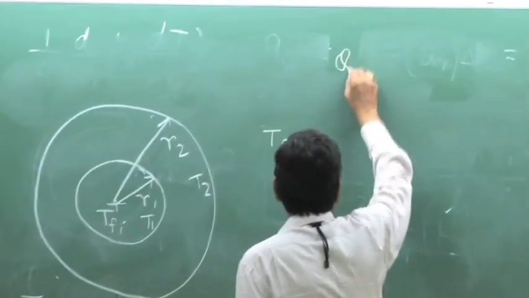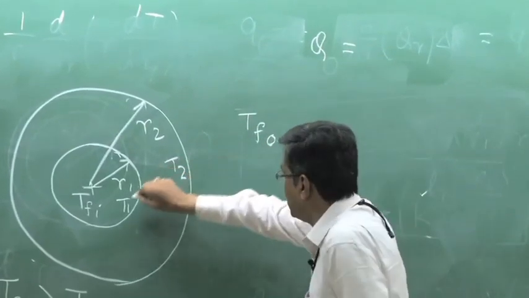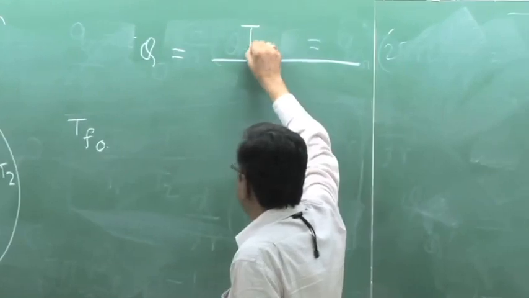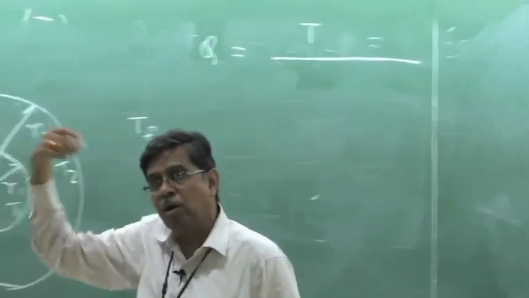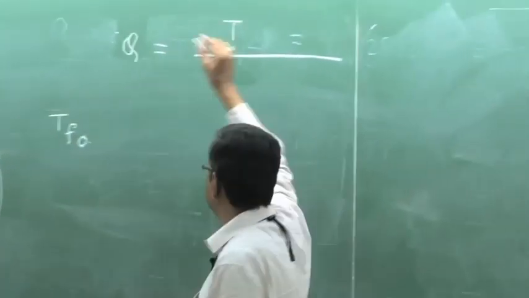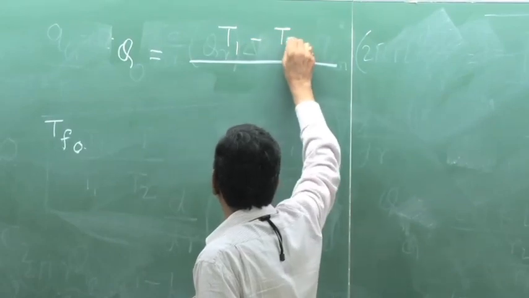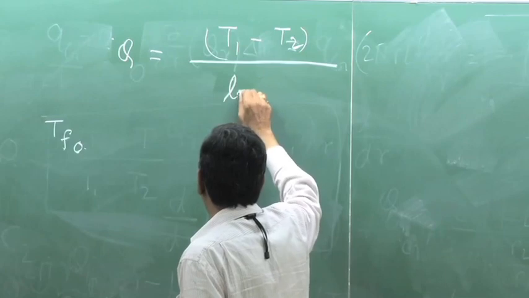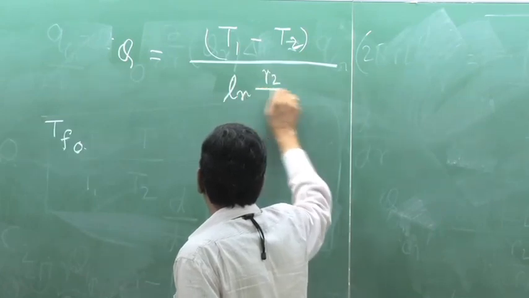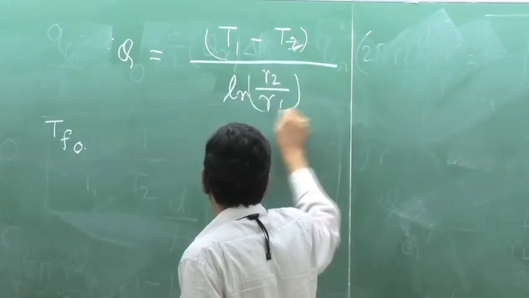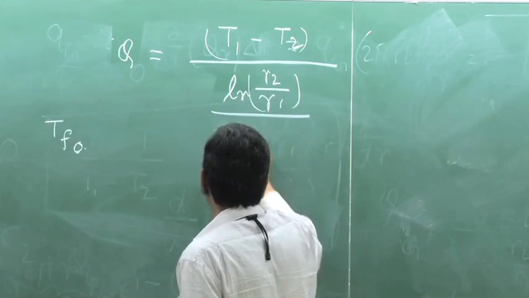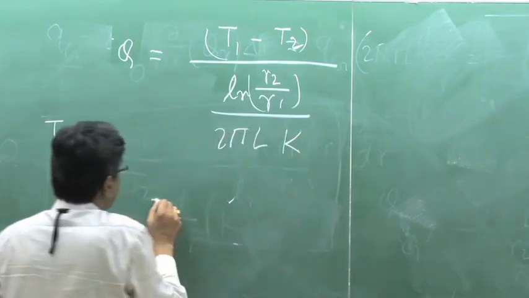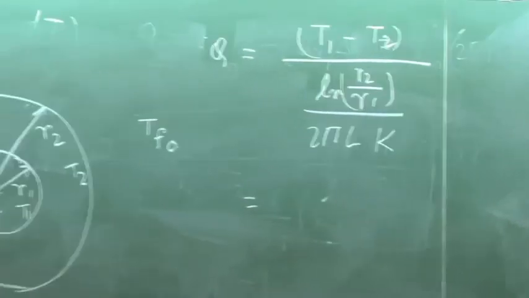We know the conduction heat transfer between T1 and T2, the inner and outer surface temperatures, which may not be prescribed, but I denote them as T1, T2. I already know that Q is equal to (T1 minus T2) divided by ln R2 by R1 over 2 pi L k.